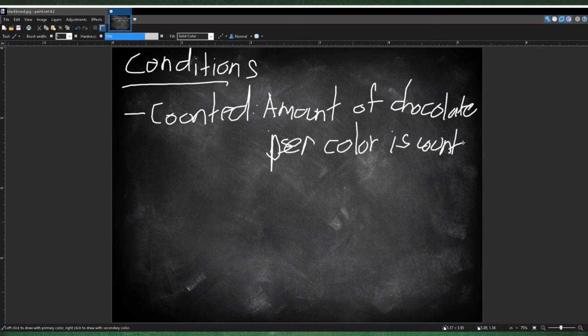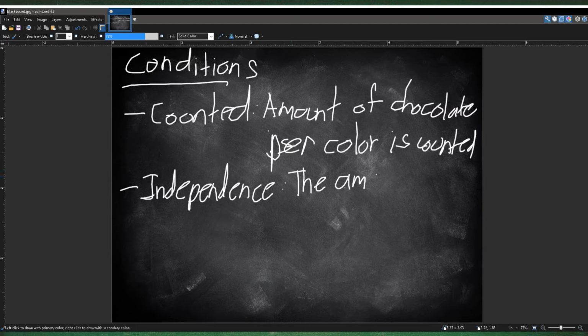You have to always put this in context, so in this case we'll be talking about chocolate. And we have independence: the amount is independent of color.